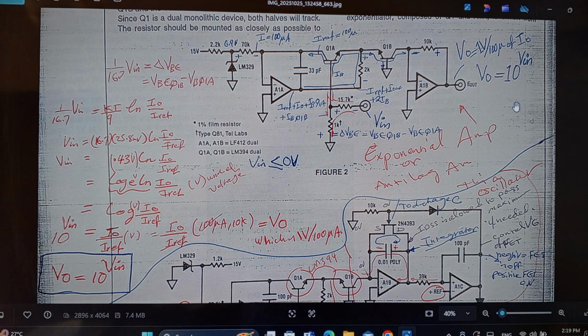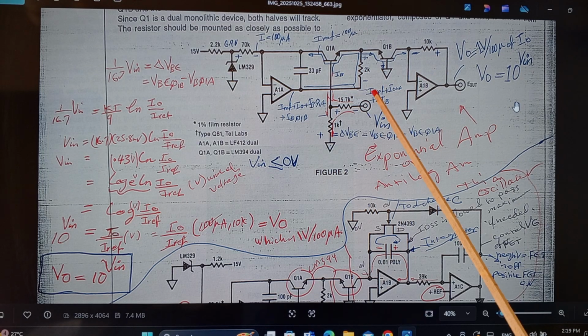Another example, let's clarify things better. Let's apply in here 0.5 volts. And as we know, VO equals 10 to the power 0.5, which means it's the square root of 10, and the square root of 10 is about 3.2 volts.